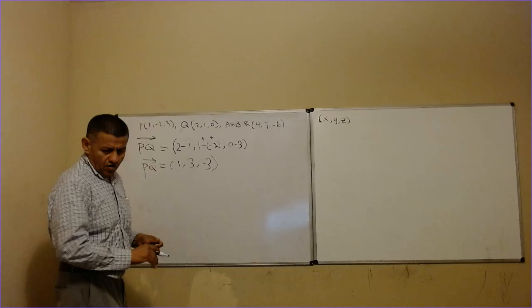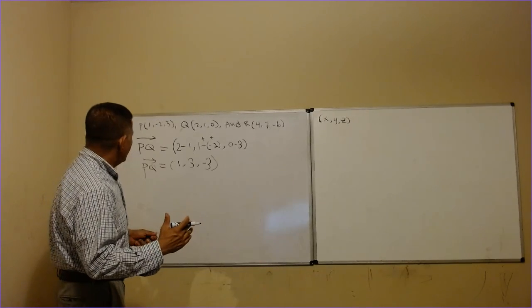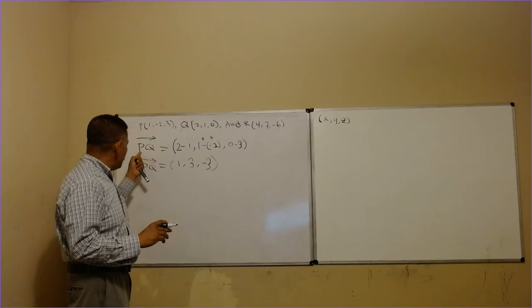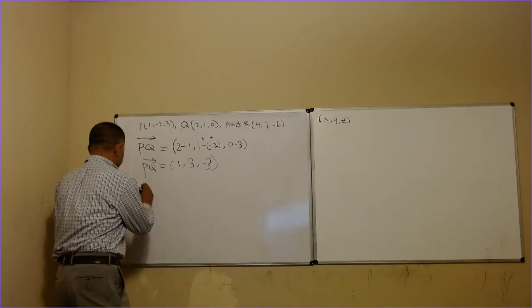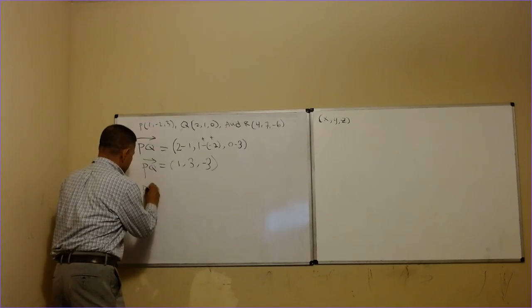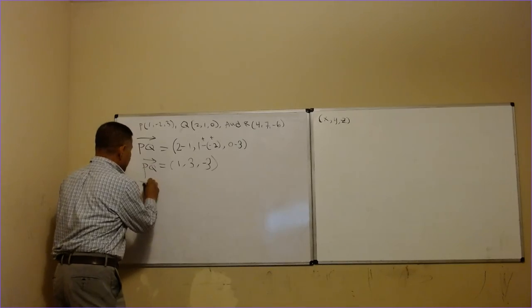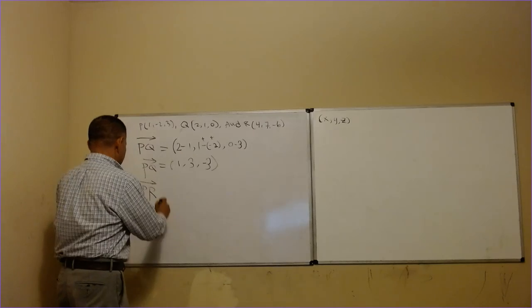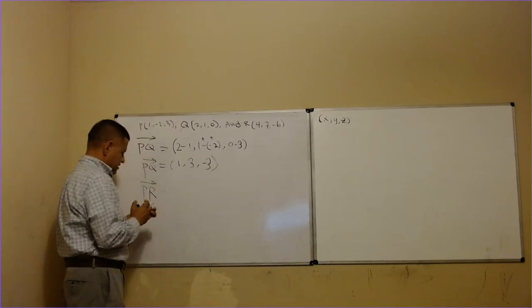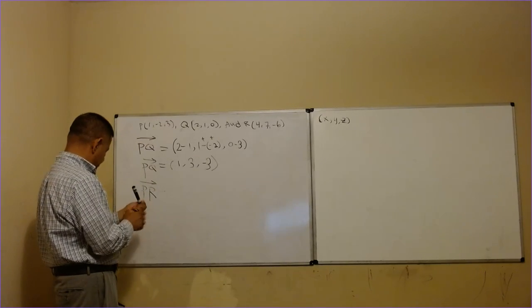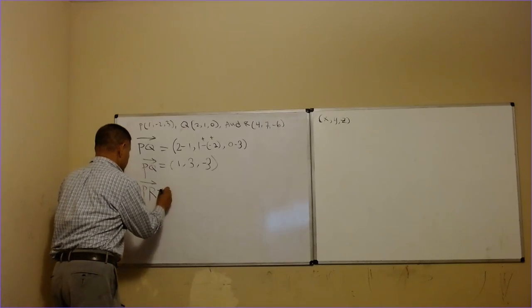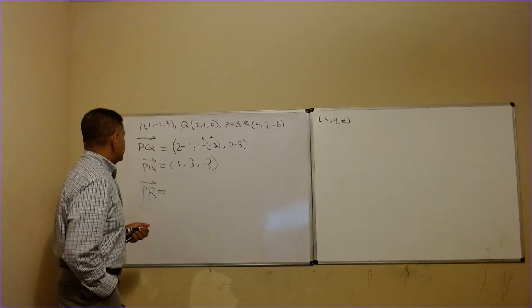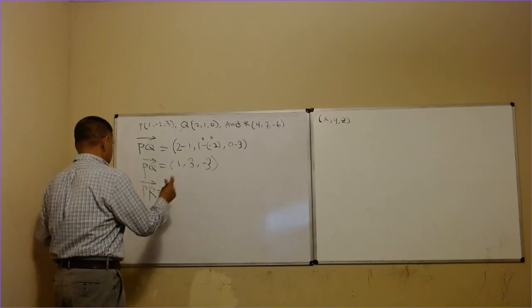Right? Now, we did PQ, now let's do PR, right? We're using this point. Same thing. Let's see, maybe get a different marker that is working.